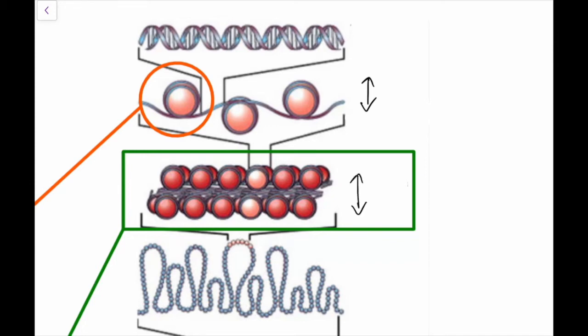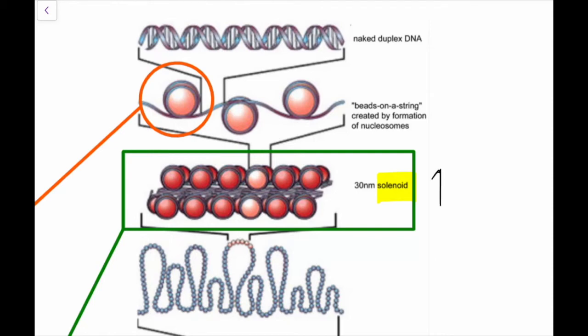We get overall a beads on a string, and those beads on a string, the nucleosomes, then come together to make what's called the 30 nanometer fiber, or the 30 nanometer solenoid, you will see. So this whole thing here, that is 30 nanometers.